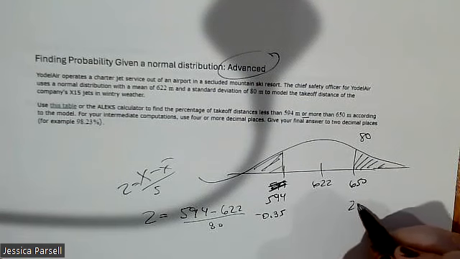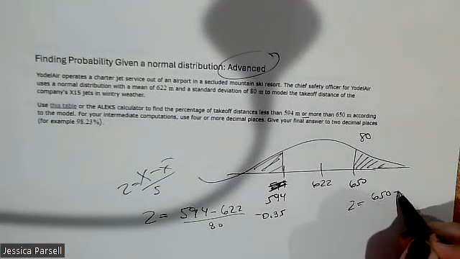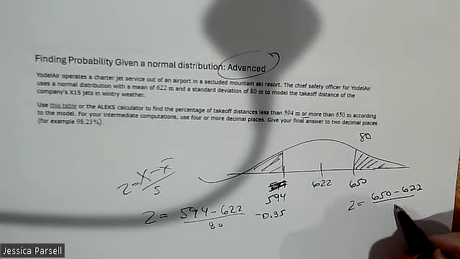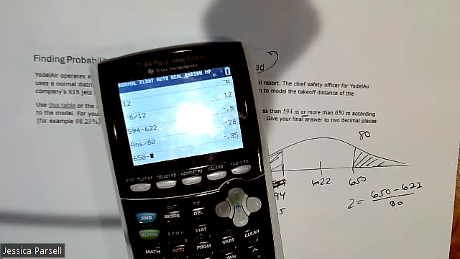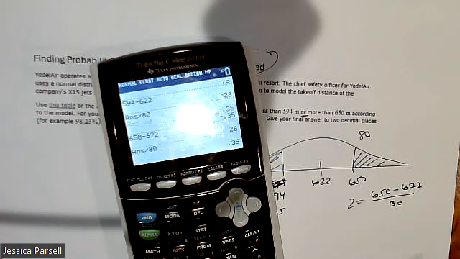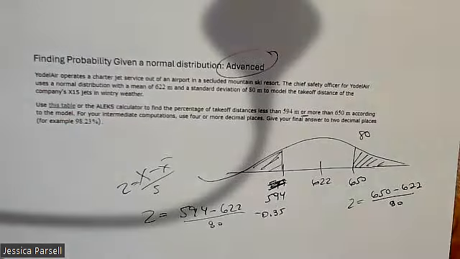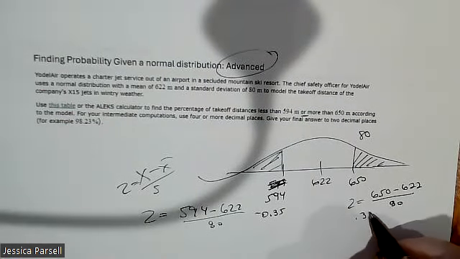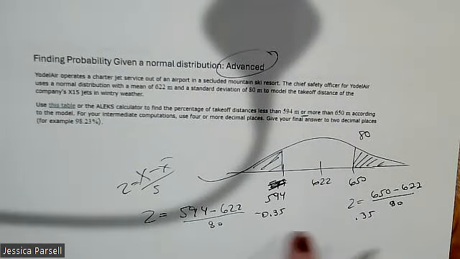All right, this one here. Now this one's to the right, so we should be getting a positive z-score, 0.35. That's kind of weird: one's negative 0.35, one's positive 0.35. They're like evil twins.